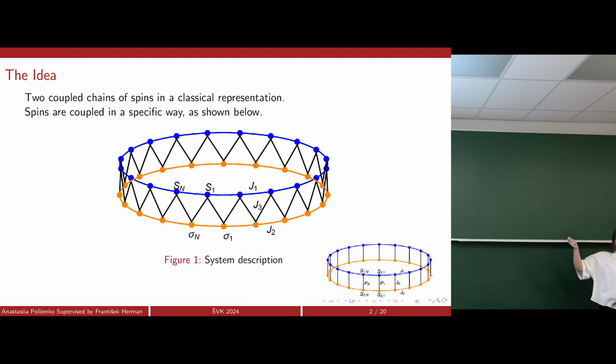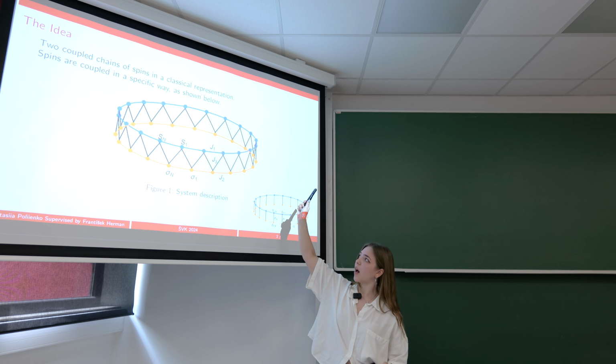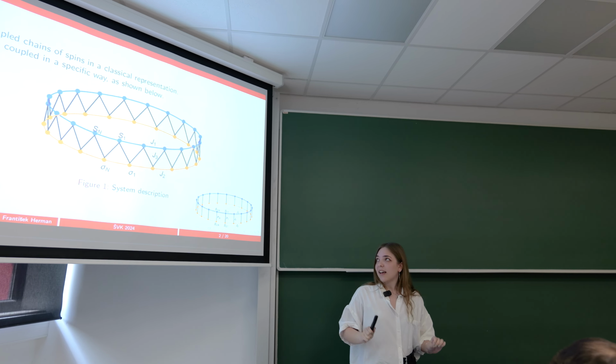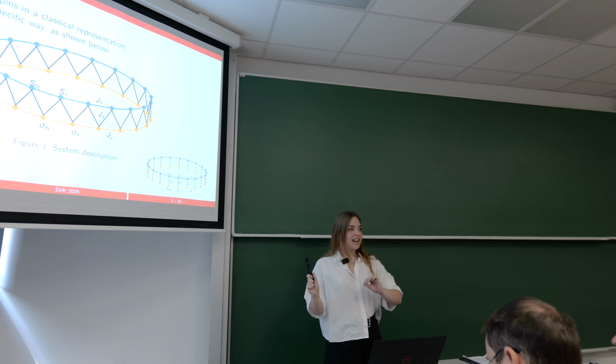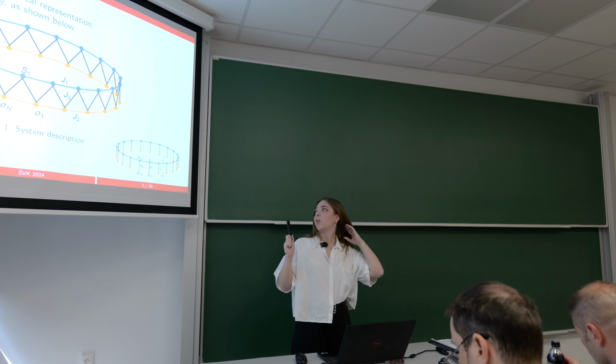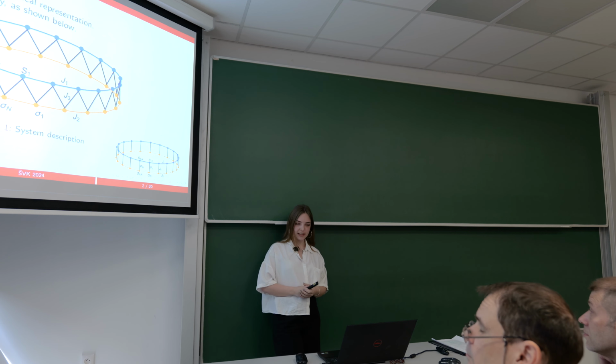On the image, you can see the chain of spins, the upper one and the lower one. They are all coupled. And we are looking at those spins here in a classical representation. Still, we will see that it will show us a lot of interesting results.